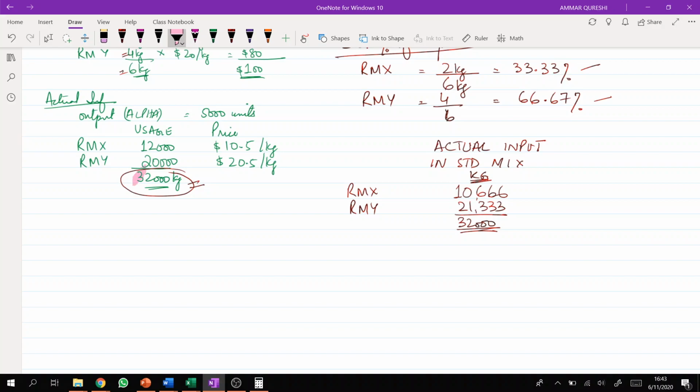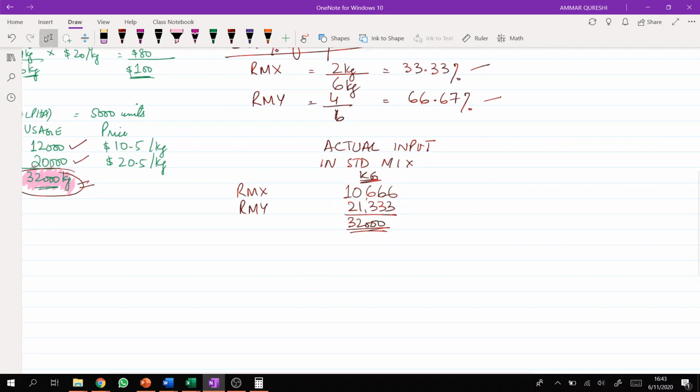Whatever input we have made, that input should have been made in this proportion. Now, what we actually did is we input 12,000 kilograms of X and 20,000 kilograms of Y. So now we are going to compare this column with what we actually did. That means we compare it with the actual mix, or actual quantity used, whatever you want to write.